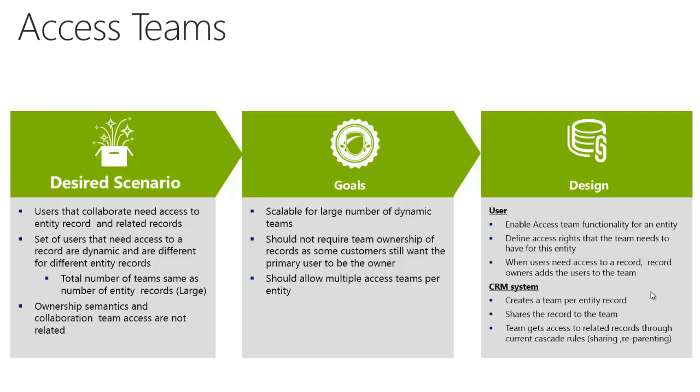Also, under the hood, the principal object access table is being used to enable these access teams. So there have been some optimizations that have been made for the table so that we can ensure that there is no negative performance impact due to this new type of construct.